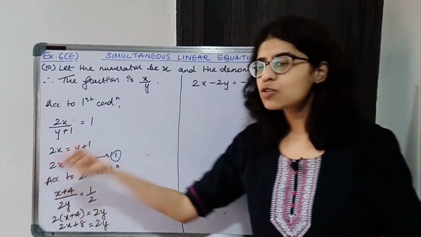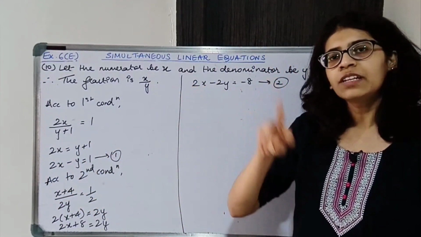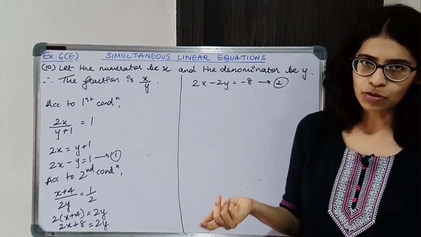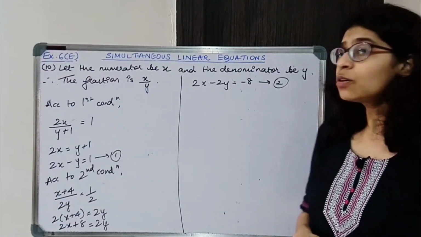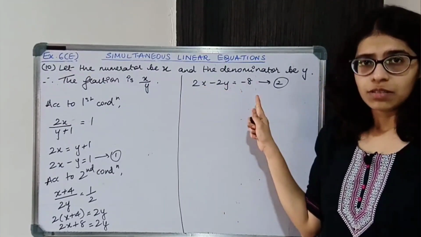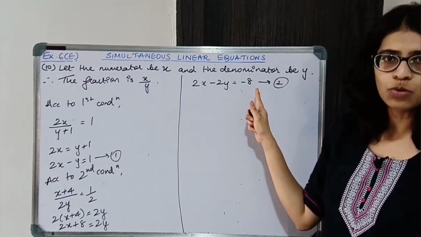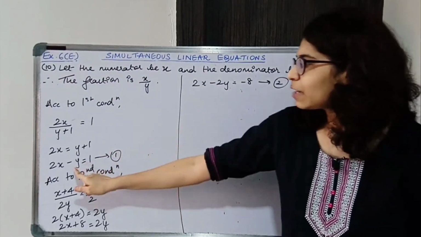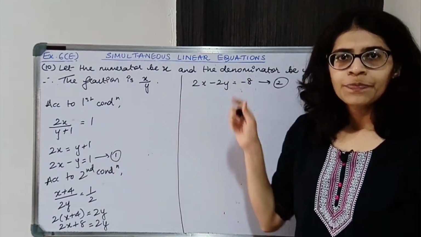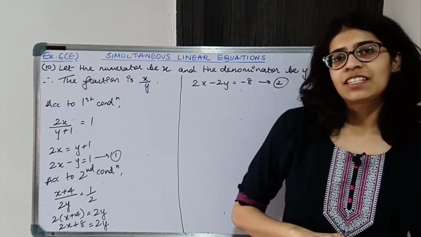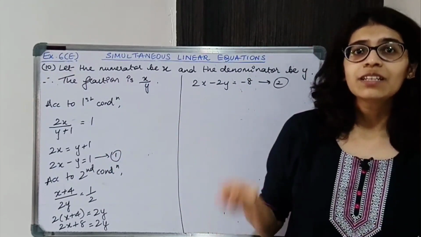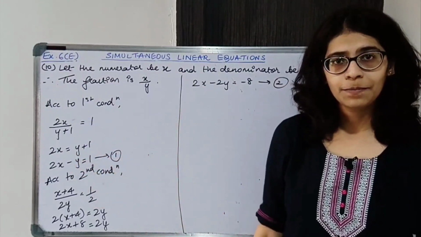Here also it is plus 2, here also it is plus 2, so whenever the signs are same you subtract the two equations. Now I could reduce this, divide the entire equation by 2, then the coefficient of y would be equal, but that will increase one step, so why increase the steps, instead solve this directly.